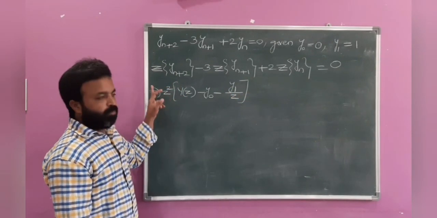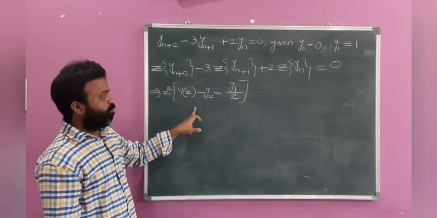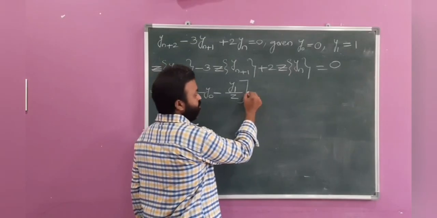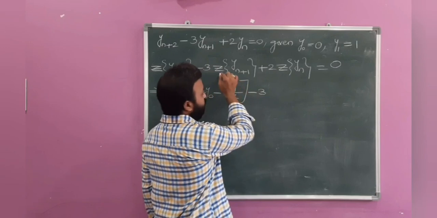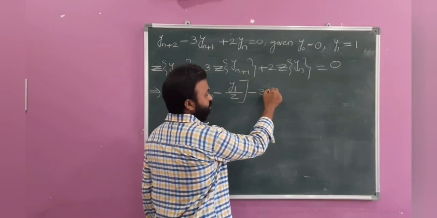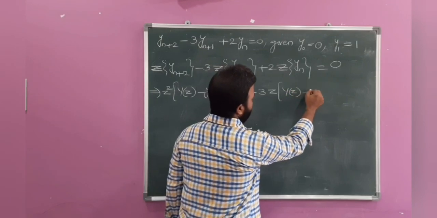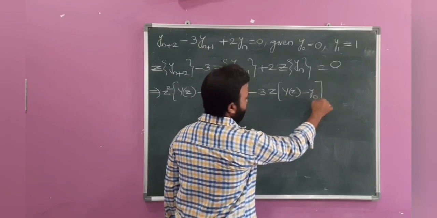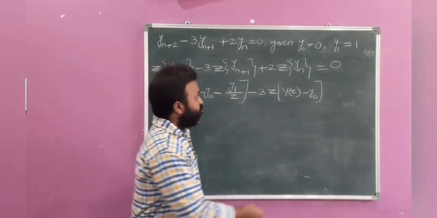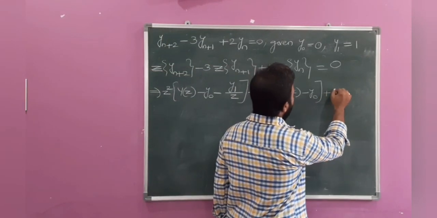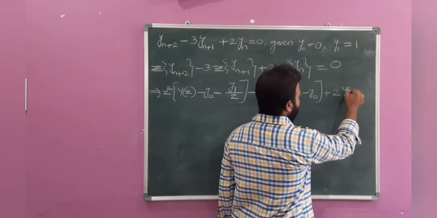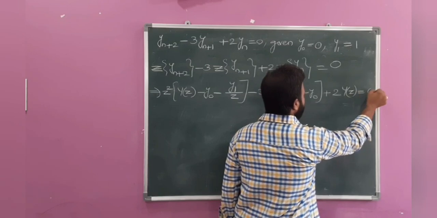So this is the shifting property. Z transformation of y(n+2) minus 3 into Z transformation of y(n+1), that is z into Y(z) minus y(0), plus 2 into Y(z) equal to 0.